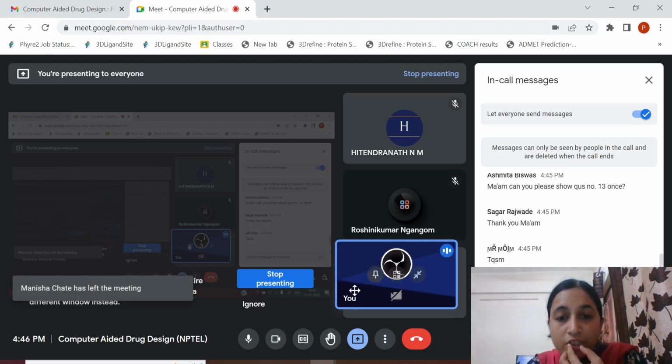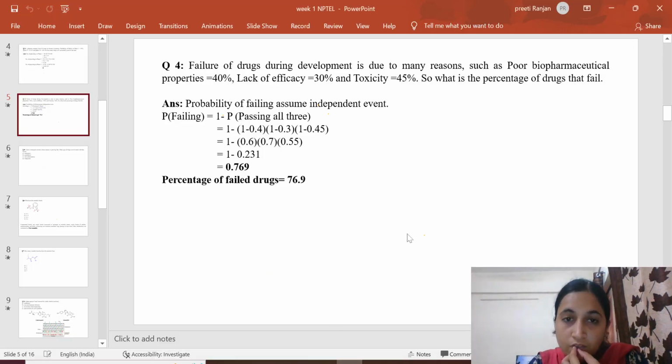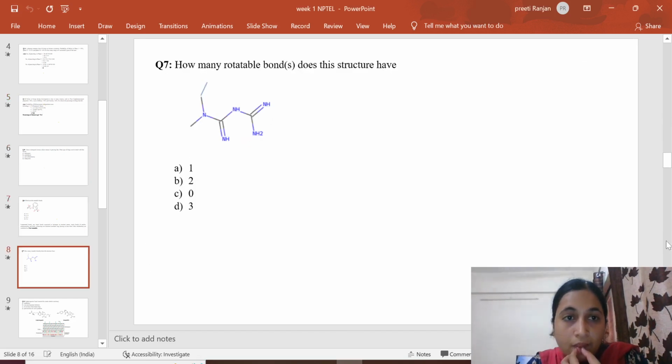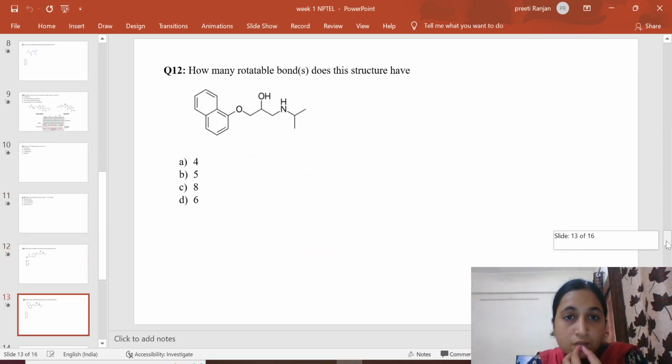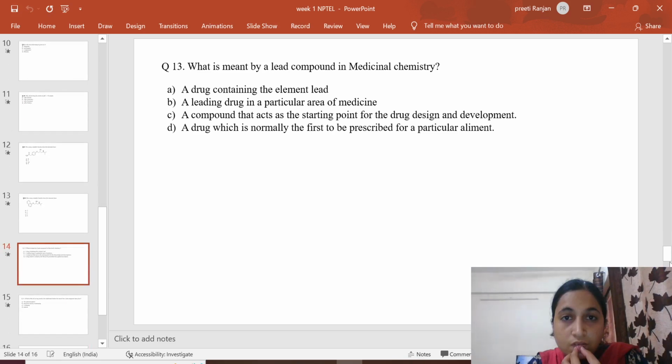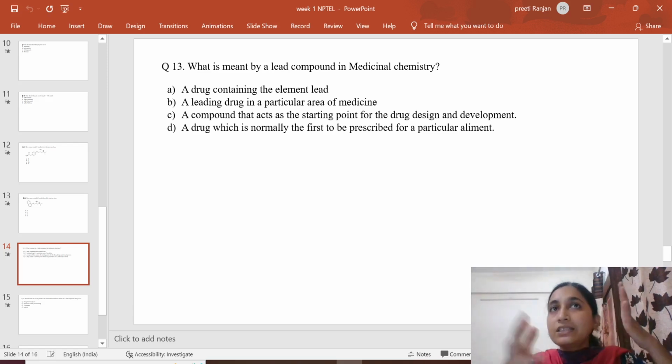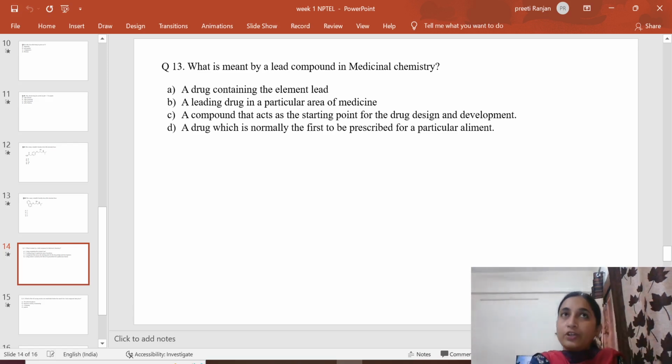Question number 13 once more. What is question number 13? What is meant by a lead compound? Lead compounds we need in medicinal chemistry. Lead means a compound that is a hit compound. Like we are taking a large number of compounds, and the compound showing maximum activity against the target will be taken as a lead compound.